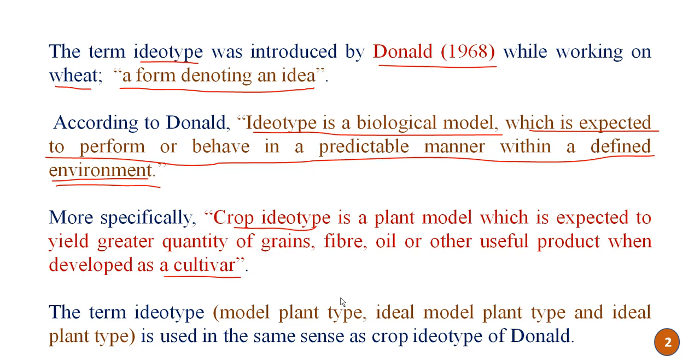So crop ideotype is a plant model which gives us an economic product in a greater quantity when we develop it as a cultivar. And this plant ideotype has different names such as model plant type, ideal plant type. These are also the same as the crop ideotype given by Donald.